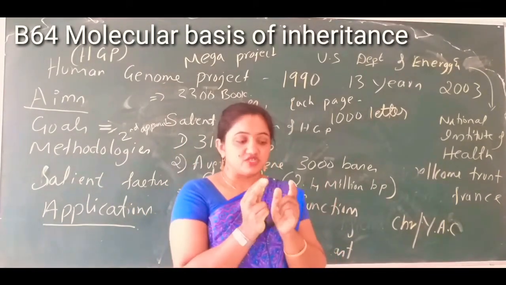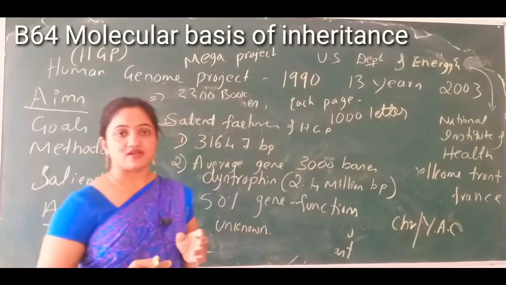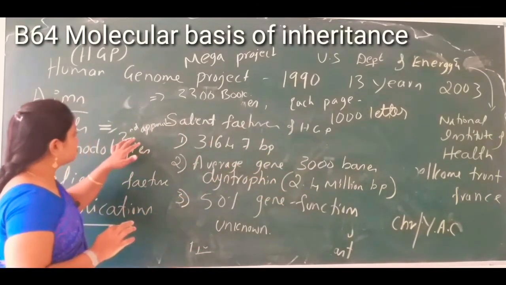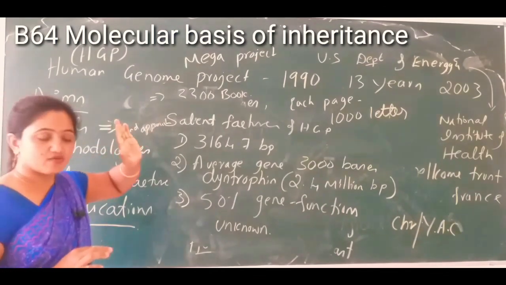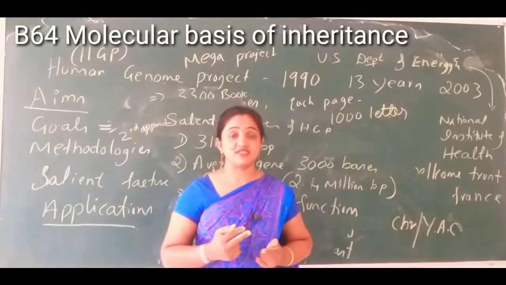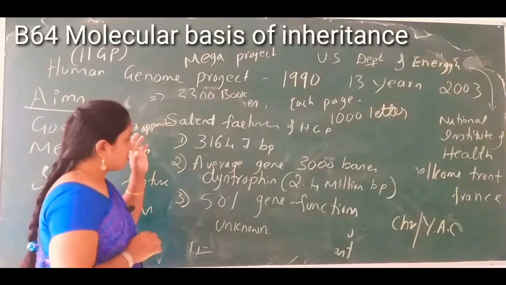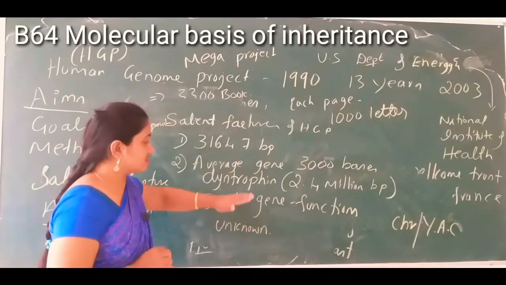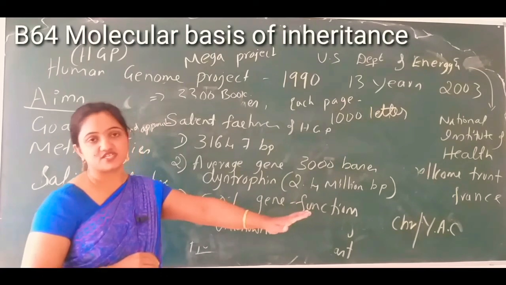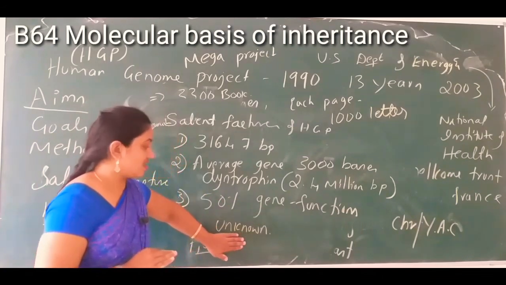Only to make that clear, they selected the second approach, which was to find out all the DNA base sequences, meaning both strands' sequences. Still, the function of the other 50% of genes remains unknown.